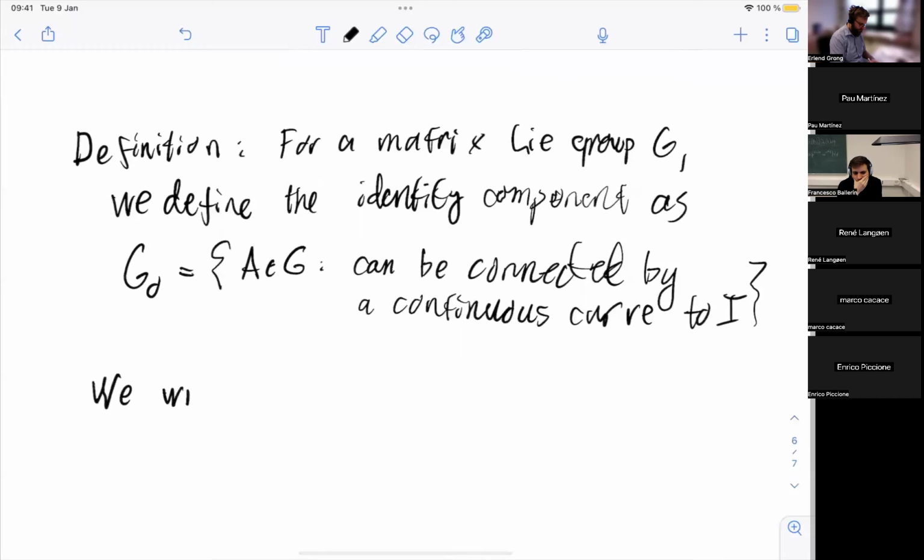We will see that G0 is also a matrix Lie group.